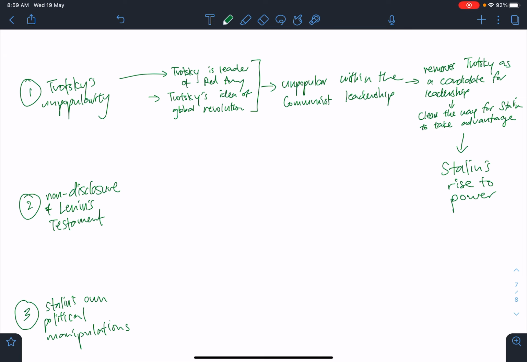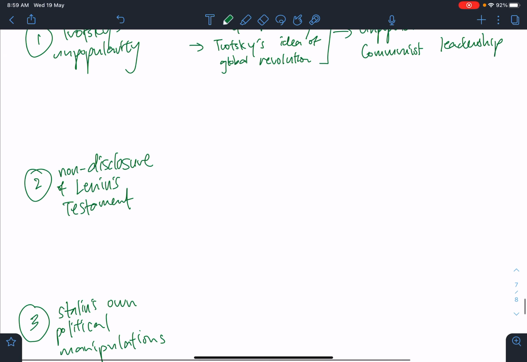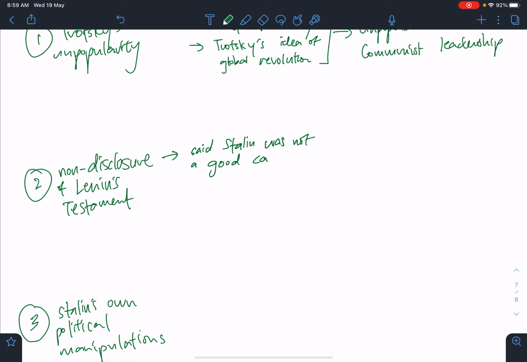Now let's go. Non-disclosure of Lenin's testament. Everybody can tell me what Lenin's testament is about. You can tell me that it said Stalin was not a good leader, right? And everybody can tell me that the testament was not reviewed.